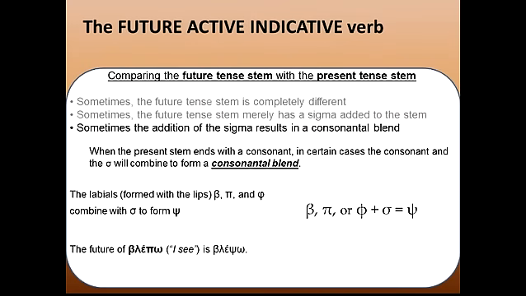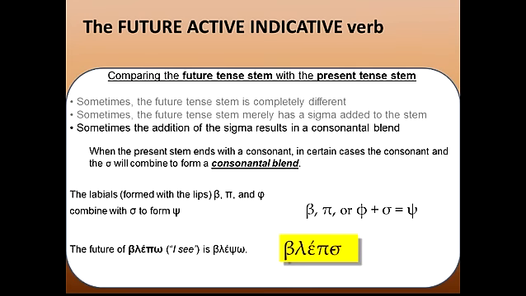So for example, let's take the verb blepo, that means I see. The future of blepo is blepso. How do we get that? Here is our verb blepo. Let's remove the personal ending so that we just have the stem, the present tense stem of the first principal part, blep. Now, let's take the sigma that we need to form the future tense stem.